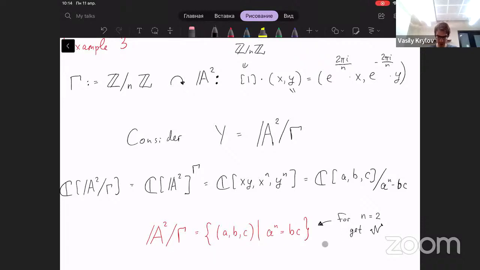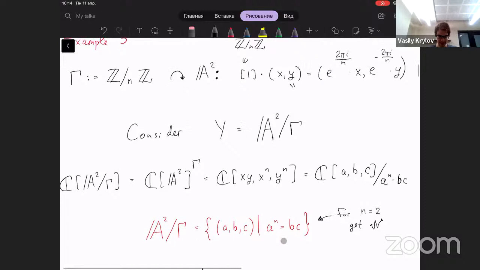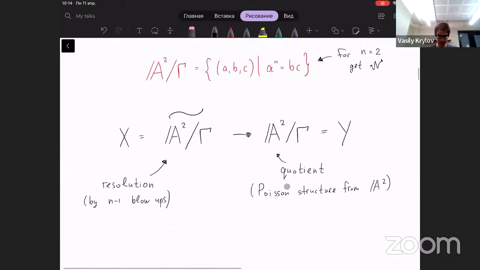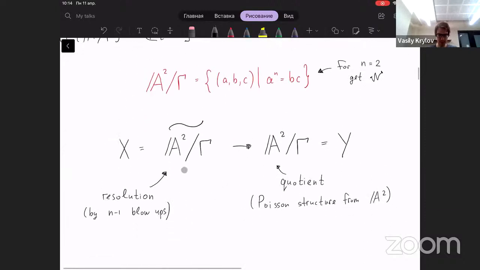So this quotient is the following variety, known as a type A singularity, I believe. So this is our Y, and our X will be a certain resolution of this variety. It's known that this variety can be resolved by n-1 blow-ups, and this will be our X.